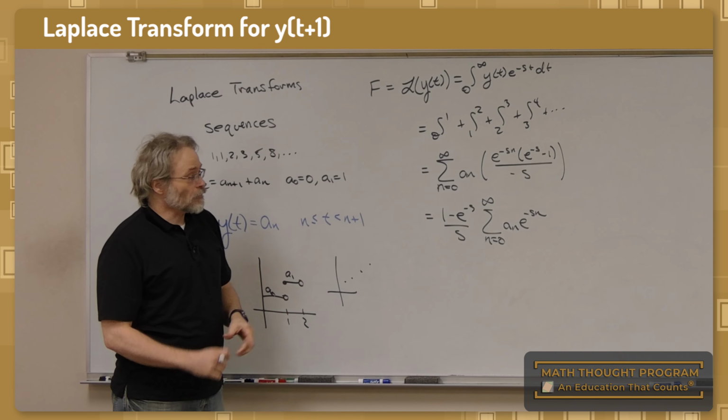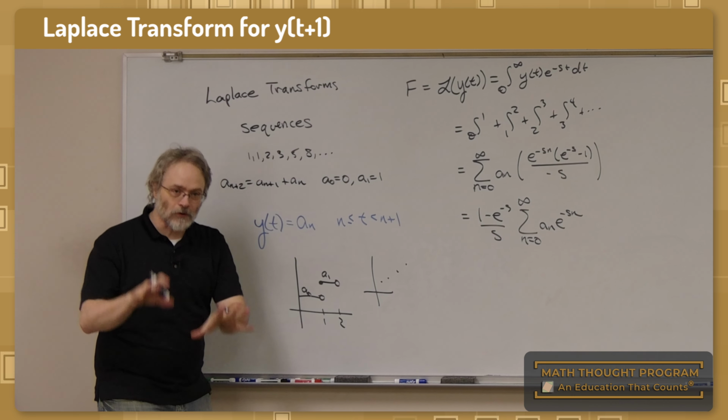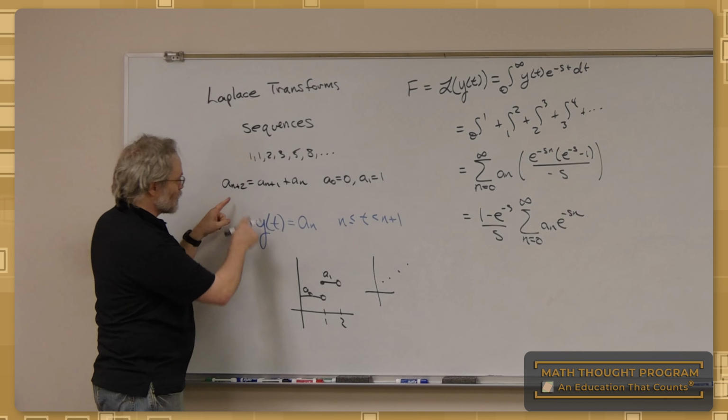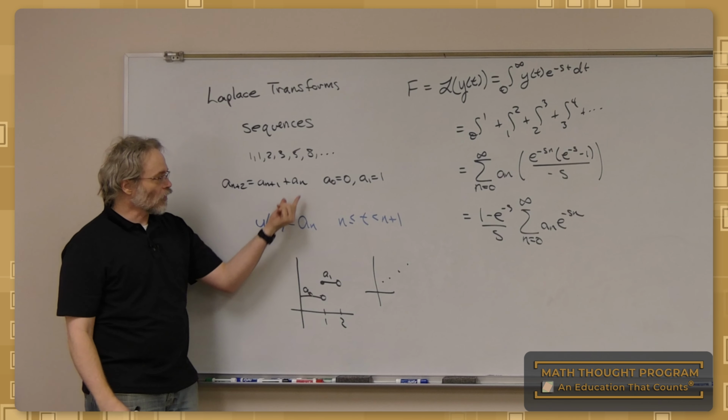Well, when you're working with recursions, such as the Fibonacci numbers, you're going to have something like an a sub n, but look what this is. A sub n plus 1. And what that refers to is one step over. And if it's a sub n plus 2, it's 2 steps over.